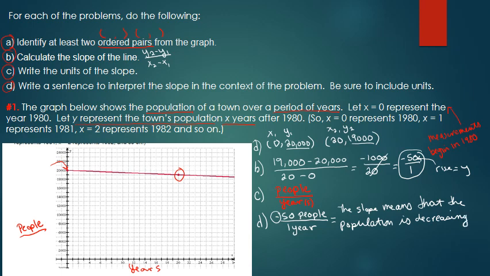So the slope means that the population is decreasing by 50 people. Notice I've included the units for our y-axis, by 50 people per year, or per 1 year, which notice corresponds to what's on the bottom of the slope. And that is the interpretation of the slope written out as a sentence.